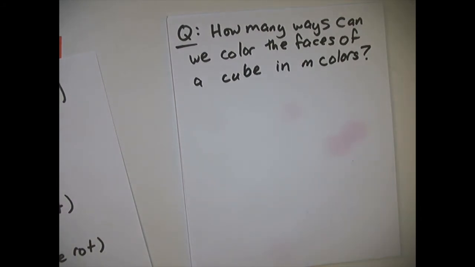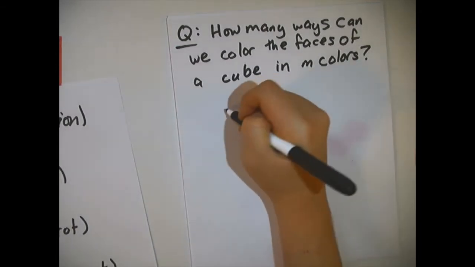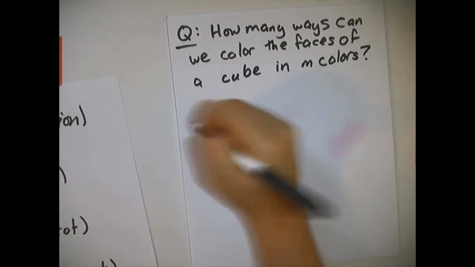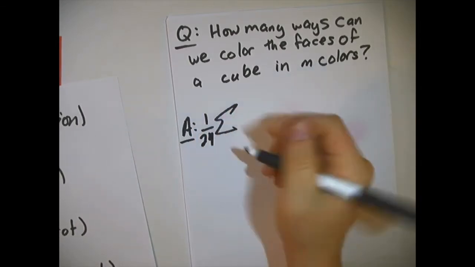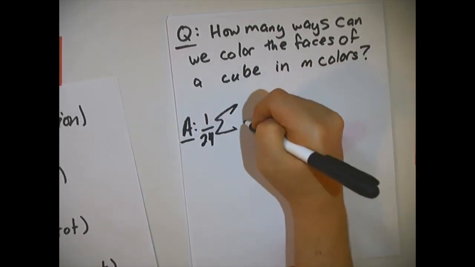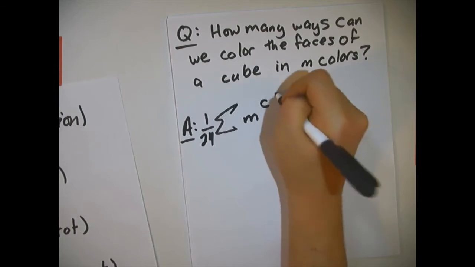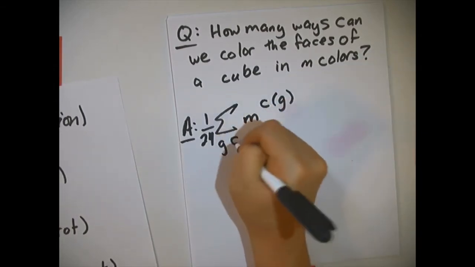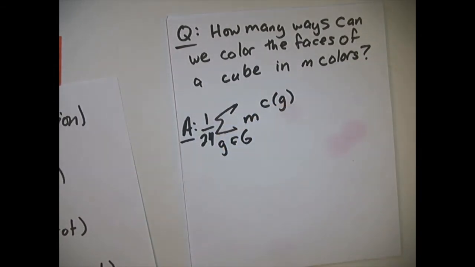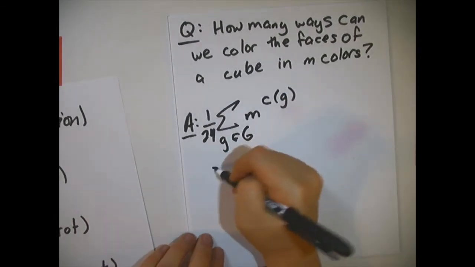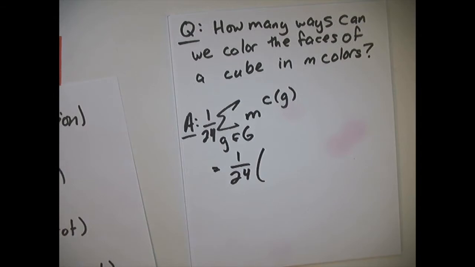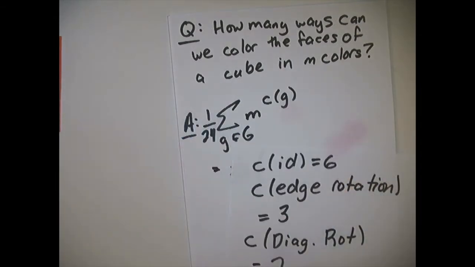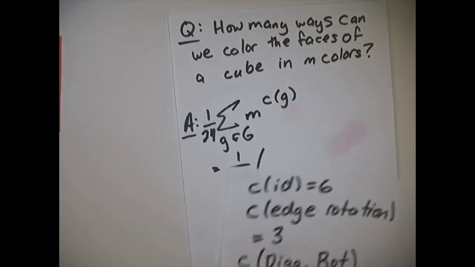Okay. So, what am I going to need? Well, I'm going to get the sum across the symmetries of M to the cycle number of G. Okay. And I can rewrite this as 1/24 times. Okay, and now I'm going to go type by type. And I'm going to need 2 pieces of information here.